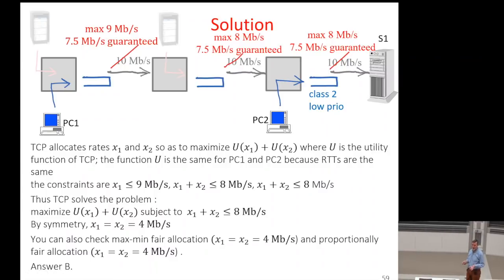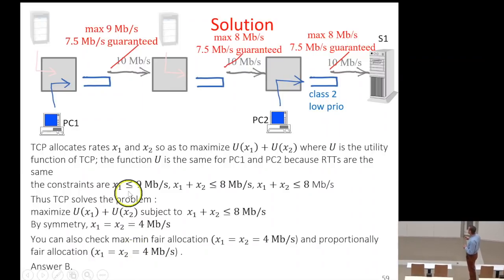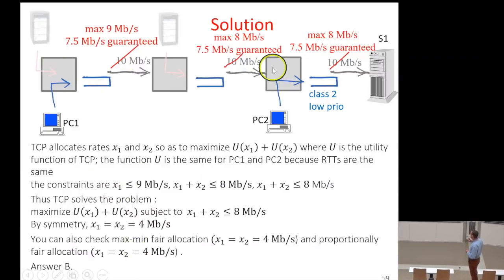If you're not sure, you can compute the max-min fair allocation. You will find 4,4. The proportionally fair allocation, you'll find 4,4. Since TCP is somewhere between the two, if the two are the same, probably it should be the same as well. So this is what will happen in a case like this here. And we see that with class-based queuing, we have two things. We're making sure the red traffic, the PMUs, get exactly the performance they need.